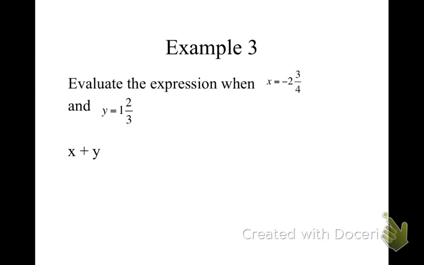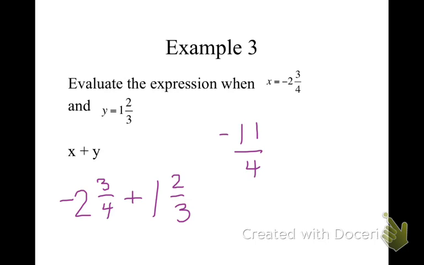And finally, with some substitution, we're going to replace x with a negative 2 and 3/4 and y with 1 and 2/3. So let's change them to improper. So 4 times 2 is 8 plus 3 will be a negative 11 over 4 plus 5/3. So we'll get a common denominator of 12.